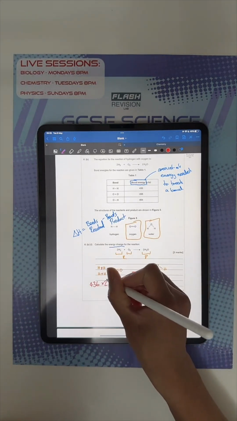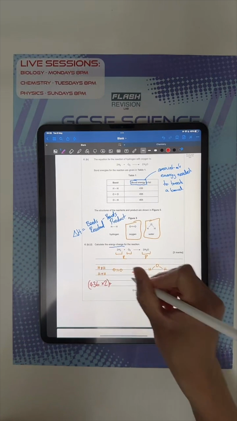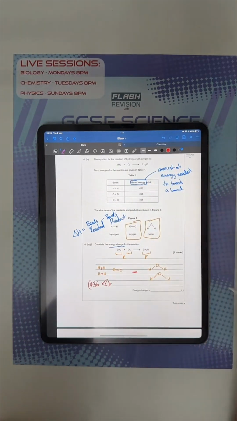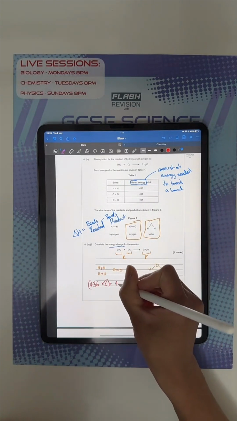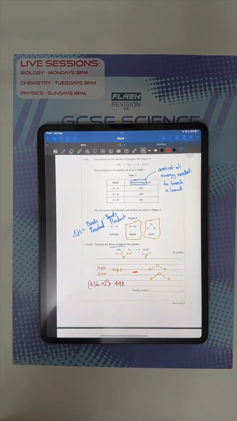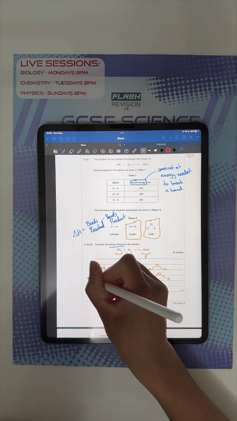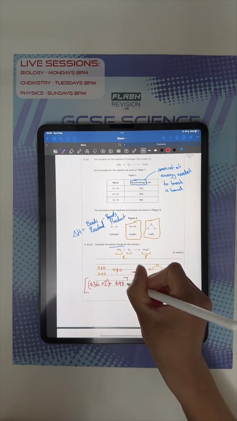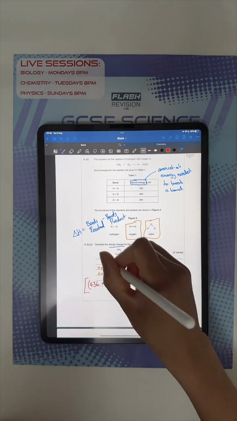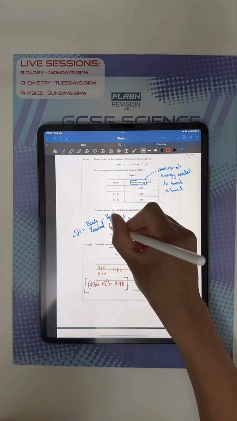Then we've got the O double bond, which has a value of 498 because we need to break this bond. All of this is our bonds broken. Then we move on to our product side.